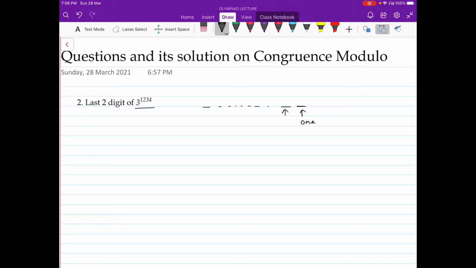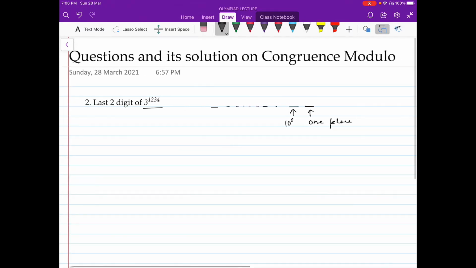You already know that the ones place digit can be found by using cyclicity.